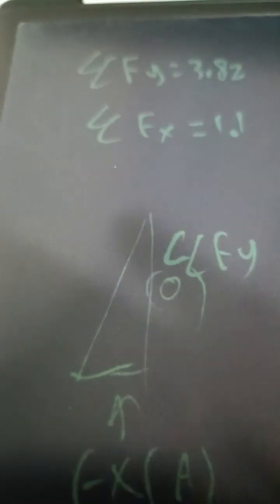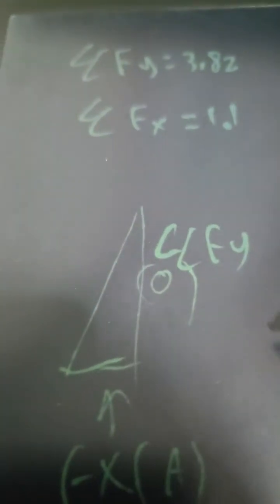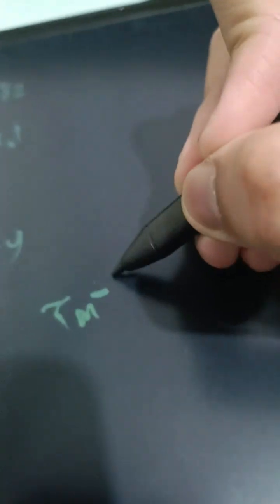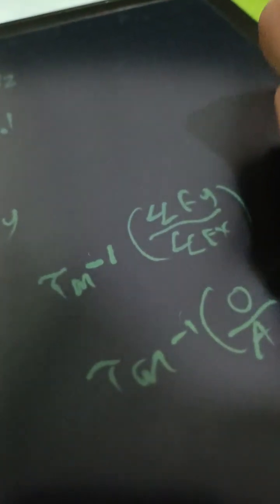That's why we're using tan minus 1 instead of normal tan. We put it like this: sigma Fy divided by sigma Fx. Or if you don't understand, still tan minus 1 of O divided by A. Why tan? Because the original tan is O over A.